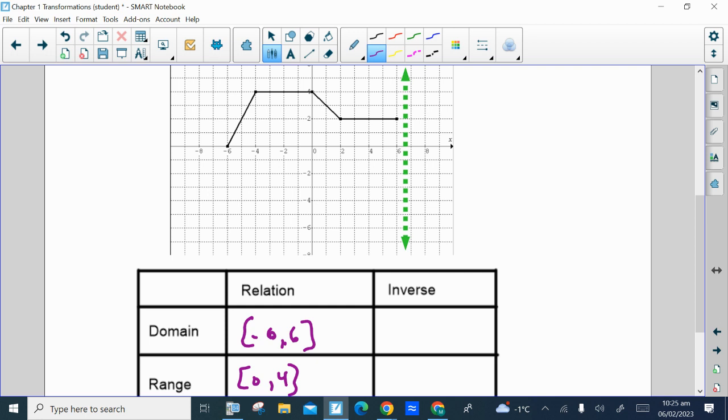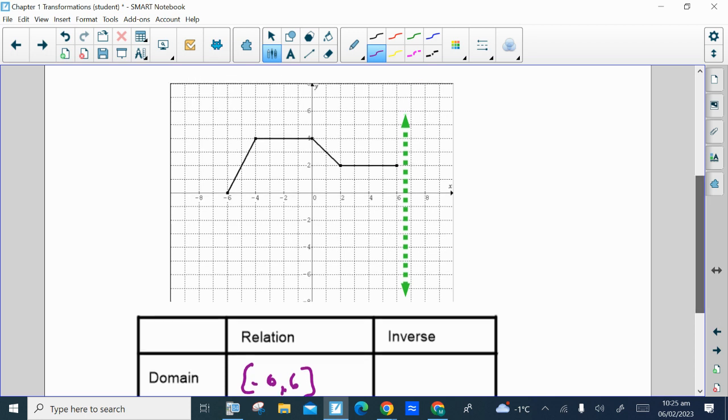Okay, so to get points on the inverse, the point (-6, 0) becomes (0, -6). The point (-4, 4) becomes (4, -4). The point (0, 4) becomes (4, 0). Once again, the point (2, 2) is there.